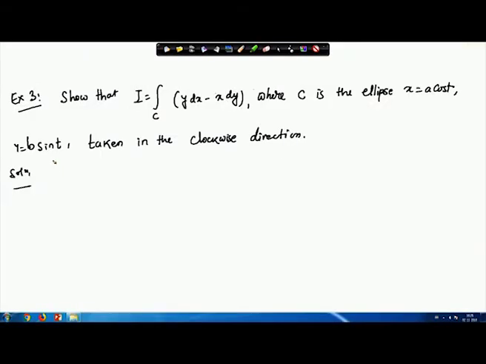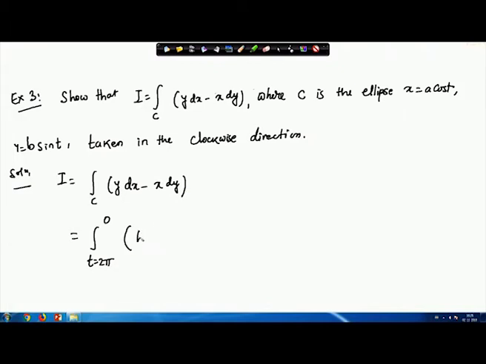To solve this, we write I equals the integral over the curve C of y dx minus x dy, and x is given, so we can easily calculate dx/dt. We write the limit first from 2 pi to 0 because it is clockwise.